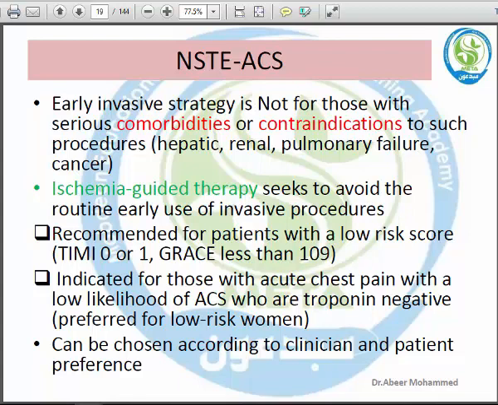TIMI scores or Grace score is كانت low، أنا بلجأ لإسكيميا guided before invasive therapy. also للناس اللي هم troponin negative اللي هم unstable angina, or can be chosen according to the clinician or patient preference. إذا كان العيان بيفضل يعني يجي العيان يقول للدكتور إنه أنا عايزة الانفيزيف guided more than الاسكيميا guided, so البيشنت preference لازم ناخدها في بالنا.